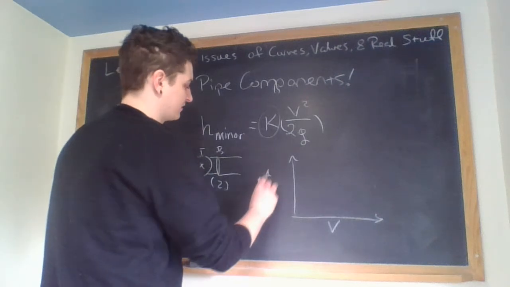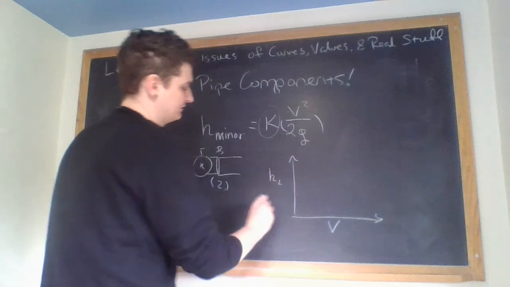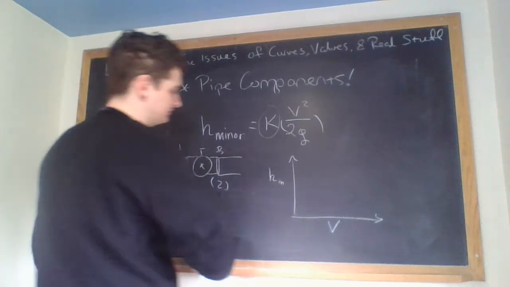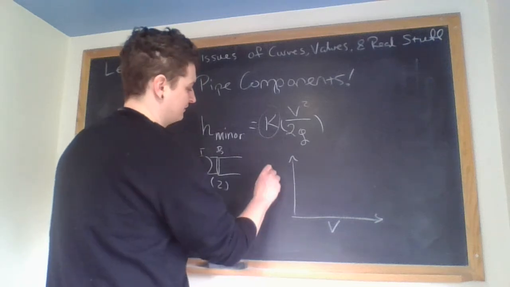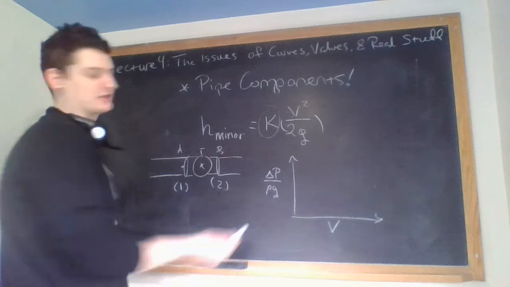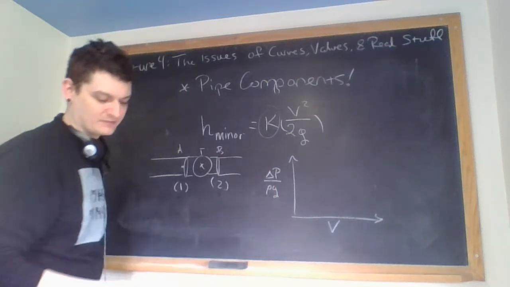And then what you measure is your head loss across it. So you're measuring pressures. I always remind myself, because it's really a pressure divided by rho g. So that's why I had that extra credit, because you have to measure pressure.